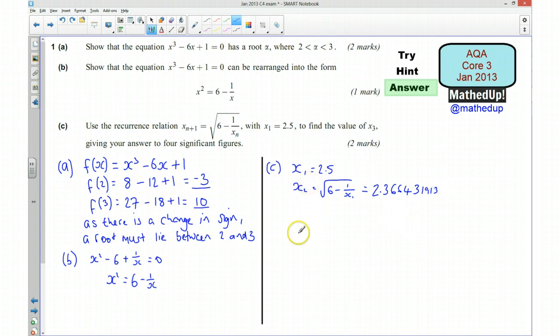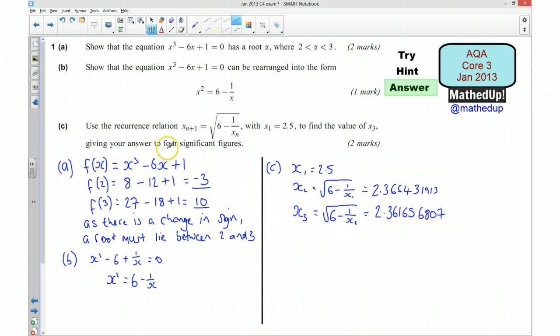Okay, and then to work out the third iteration, I would do the square root of 6 take away 1 over x sub 2, which is this number here. And if I pop that into my calculator, I get 2.361656807.